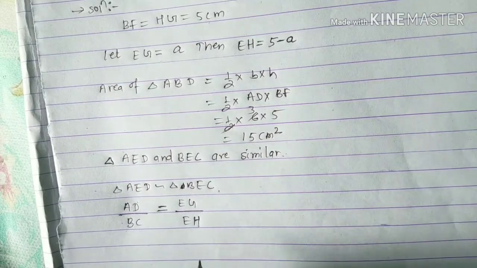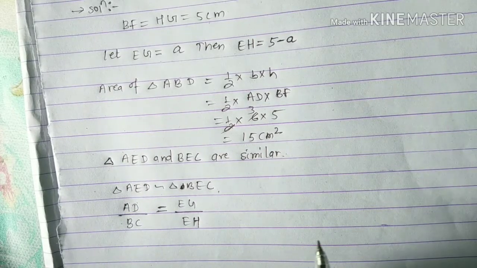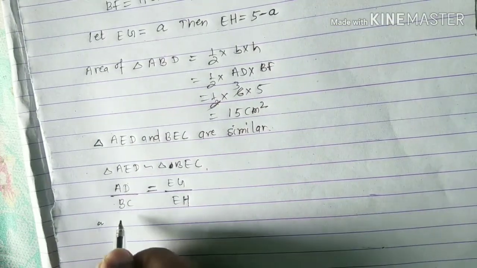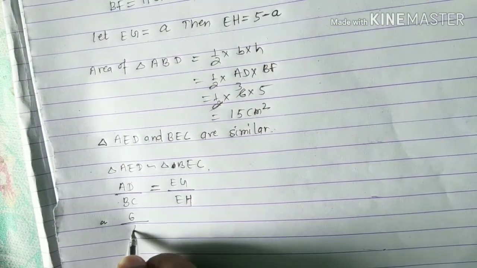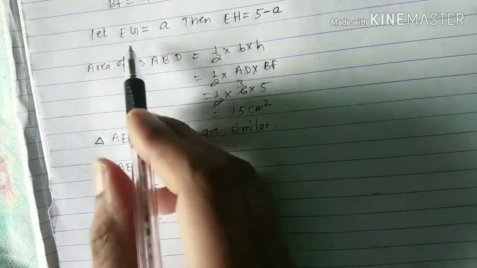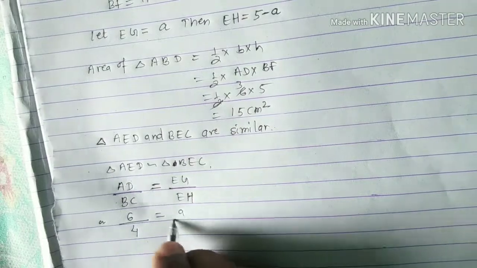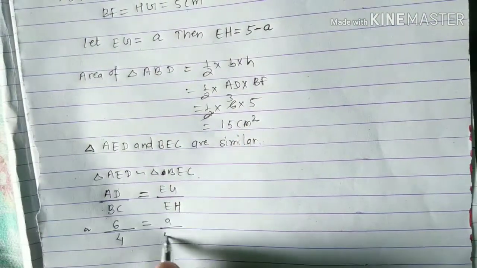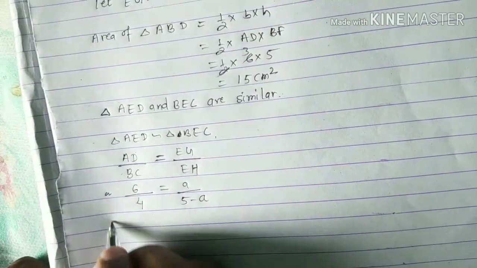So AD is 6 by BC is 4, equal to EG, which we have let as a, by EH, which is 5 minus a. Now we will solve this.